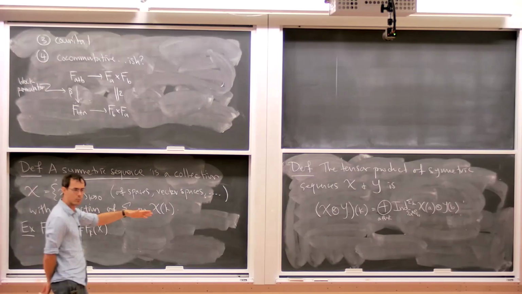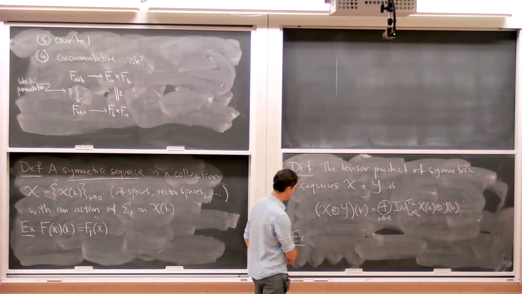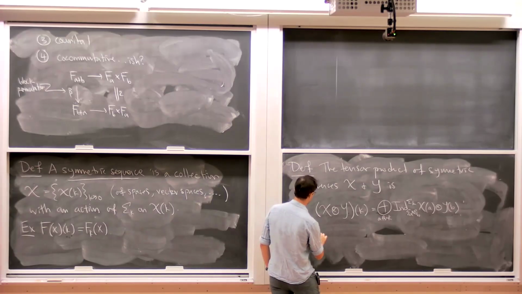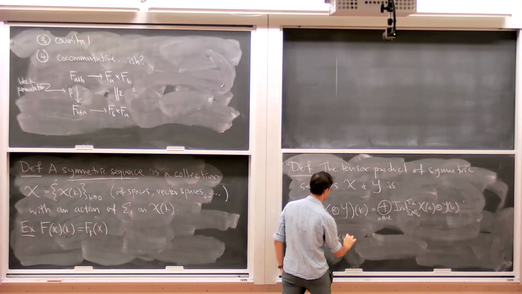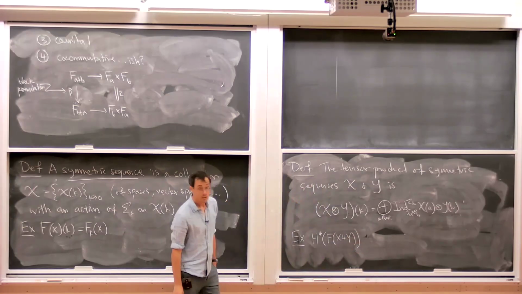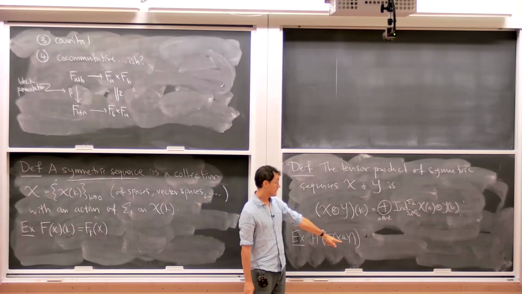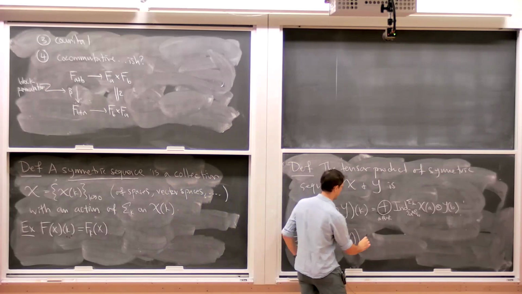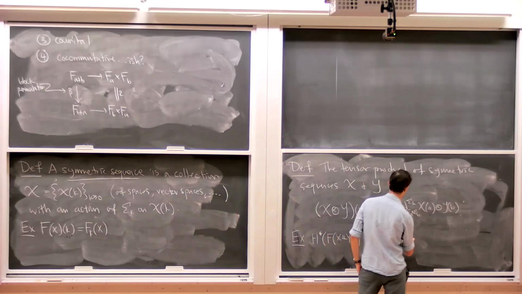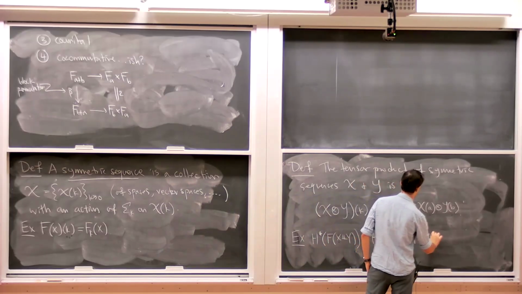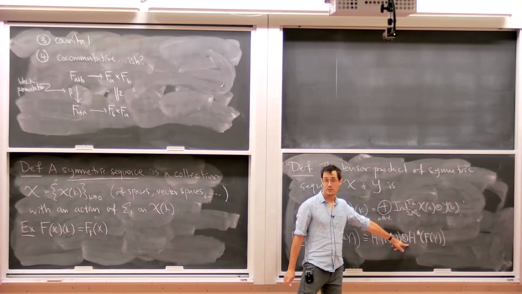An example that will show you that this is the right, or a reasonable, idea. This is an example or exercise. The cohomology of the configuration spaces of a disjoint union is the tensor product, as symmetric sequences, of the cohomology of the configuration spaces of X with the cohomology of the configuration spaces of Y, where this tensor product is interpreted as the tensor product of symmetric sequences.